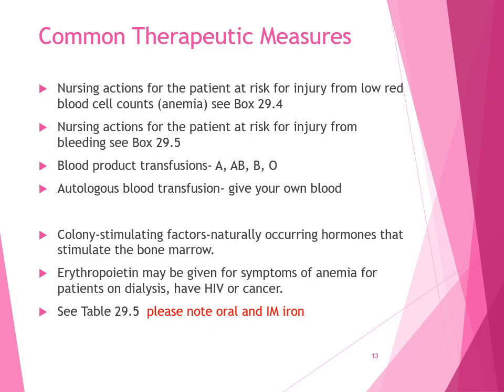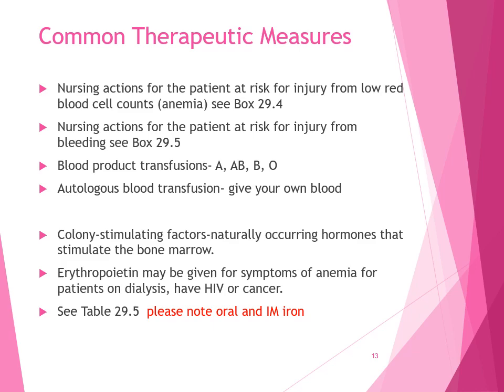So let's turn to table 29.5 and look at some medication. We've got that erythropoietin that I was talking about. You can look along there, but I want to call your attention to oral iron preparations, like ferrous sulfate. Here they mentioned Fer-In-Sol. Ferrous sulfate is another type of oral iron.